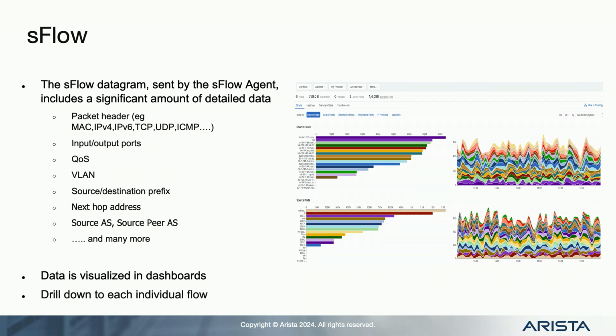Flows are really good for that. The S-flow diagram includes a lot of information, like the source, destination, the packet headers, QoS information, VLAN information, etc. So you will get a lot of information from S-flow.